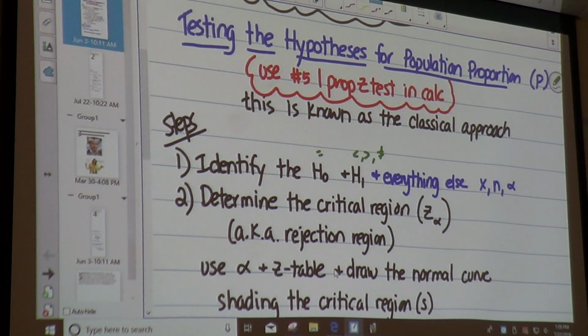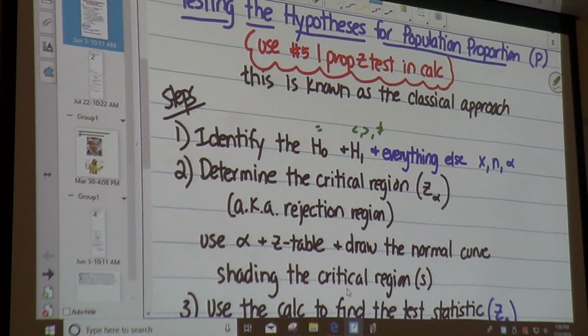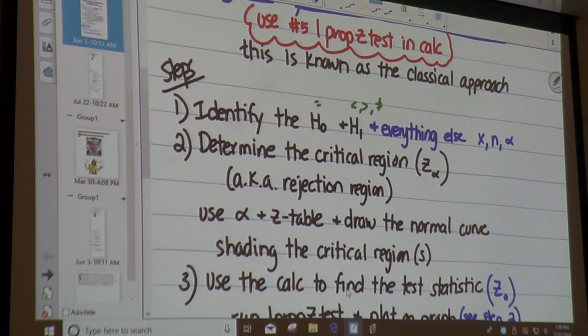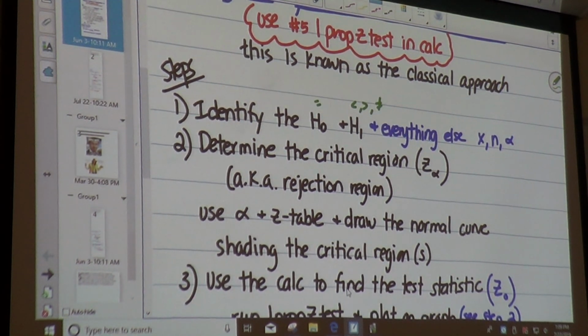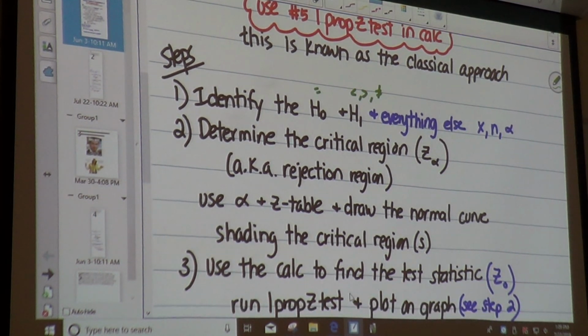Use alpha in the Z table and draw the normal curve shading the critical region or regions. Use the calculator to find the test statistic, which is Z0, and run the one proportion z-test and plot on your graph.